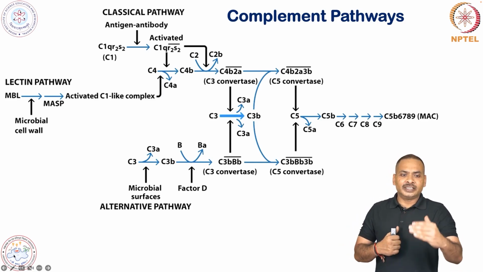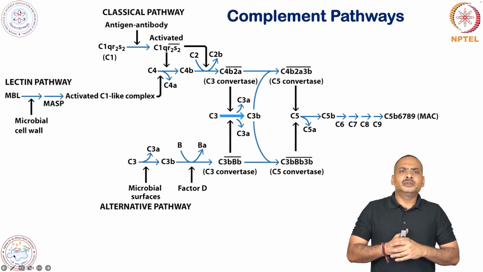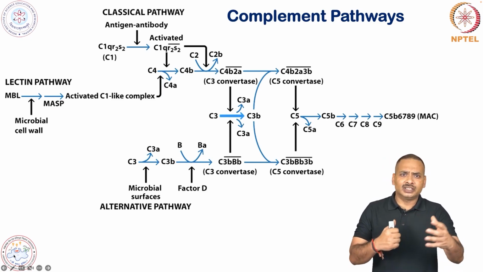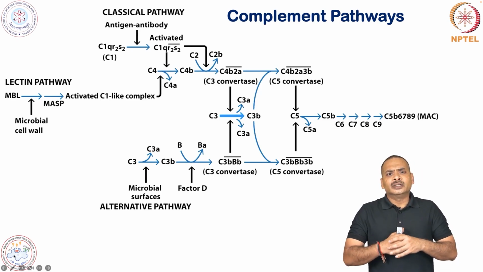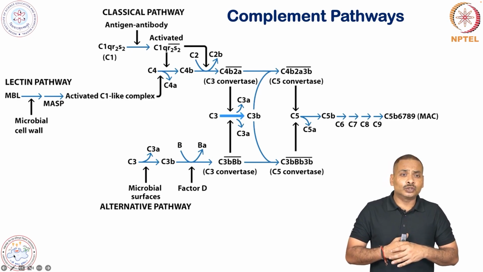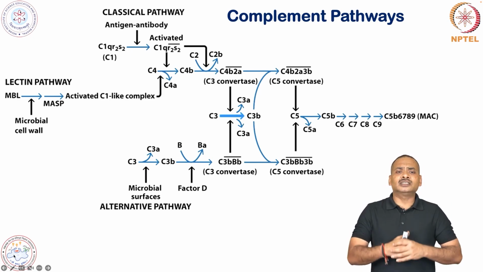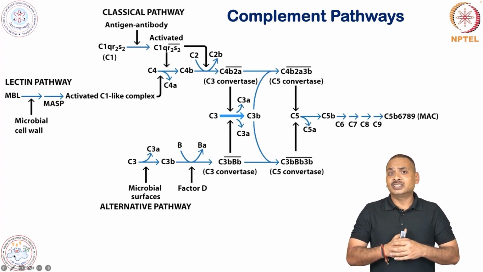In the case of the classical pathway, C1qR2S2 interacts with the antigen-antibody complex and then makes a C3 convertase after cleavage of complement C4 and complement C2. Eventually this results in the formation of C4b2a, which has C3 convertase activity.